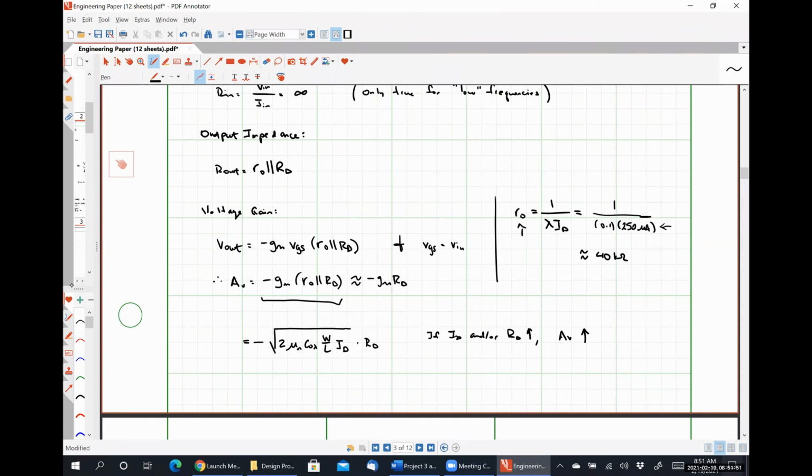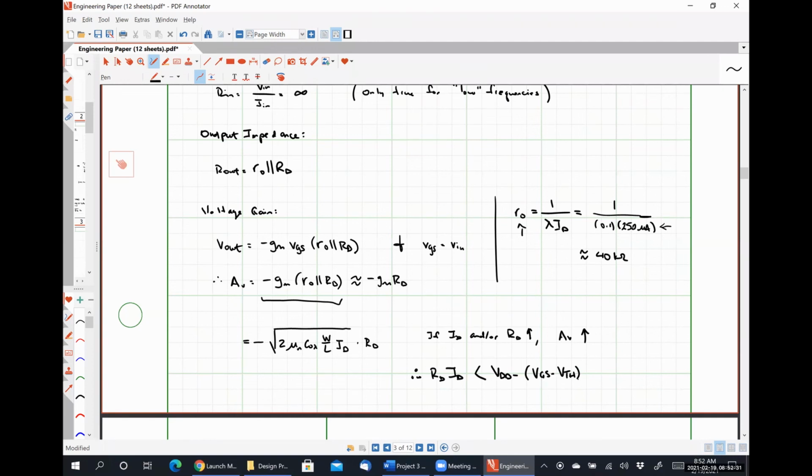However, it's also making that voltage drop go up, which is potentially causing our transistor to enter into the triode region. So in order for our transistor to remain in saturation, the product RD times ID has to be less than VDD minus VGS minus VTH.